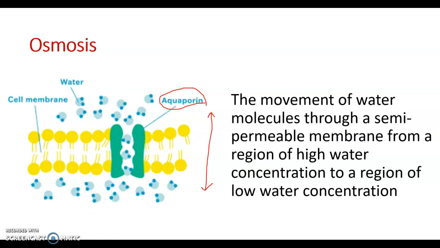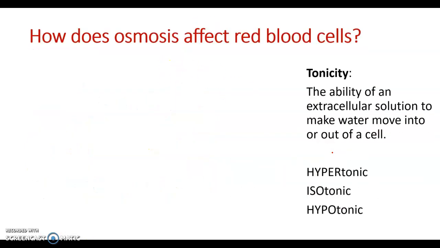Okay, let's look a little bit about how osmosis, or this movement of water, affects our cells. And we're going to look specifically at red blood cells for this example because they're a good example of how easily osmosis can affect the shape and the function of a cell. And this is all due to something called tonicity.